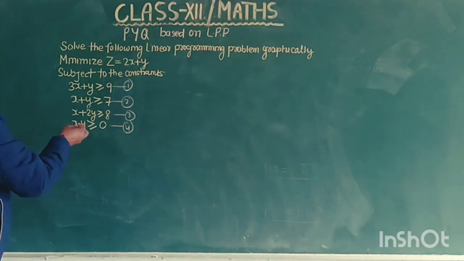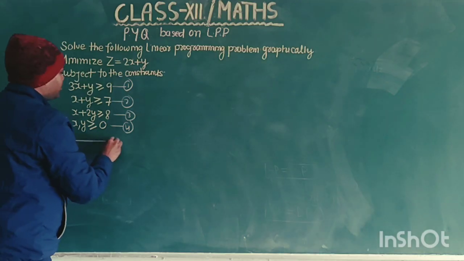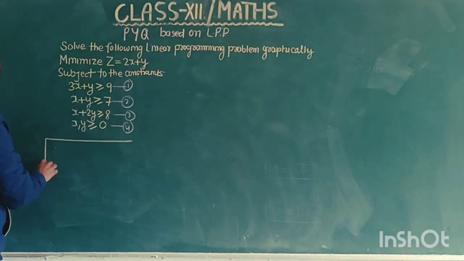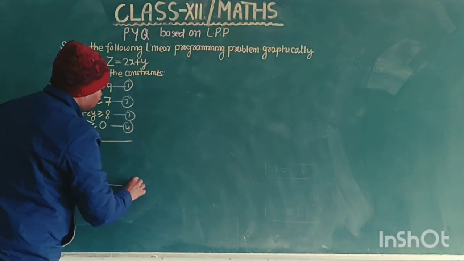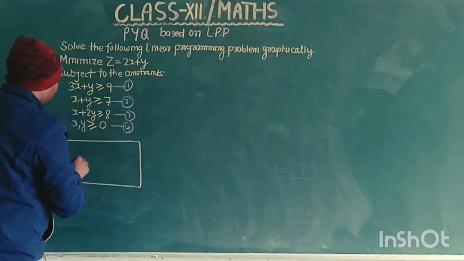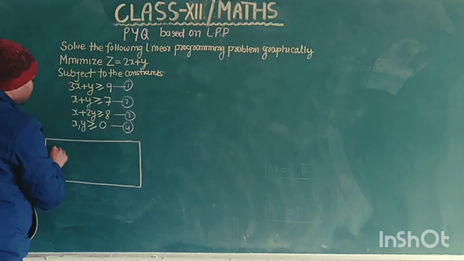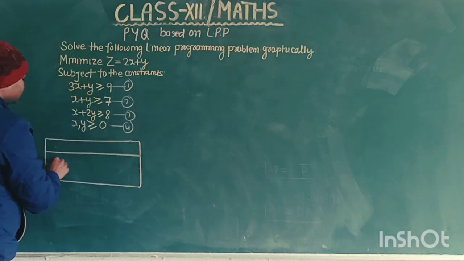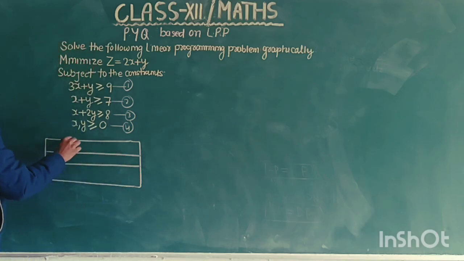From the first equation we have to find the points. So first prepare the table for equation number 1. This is the value of x, this is y, and these are the points.